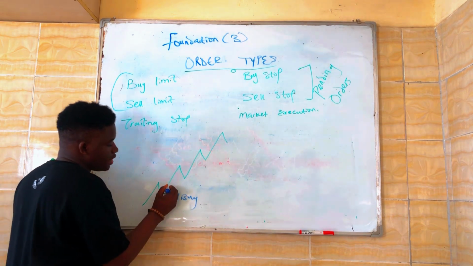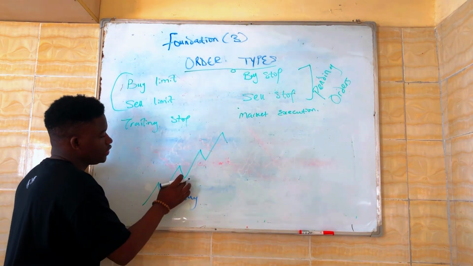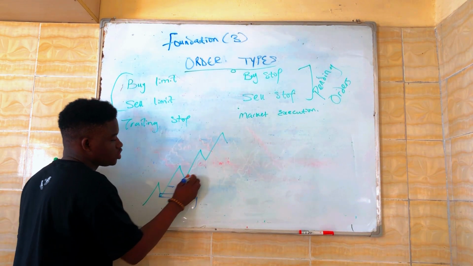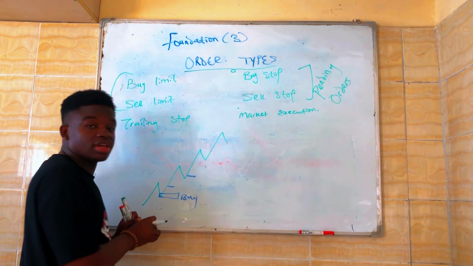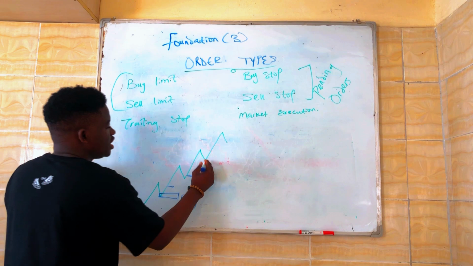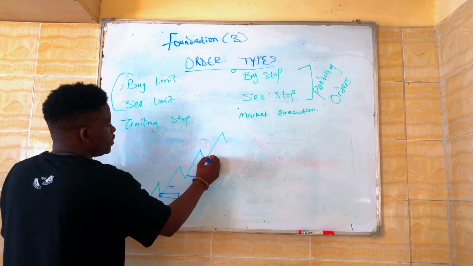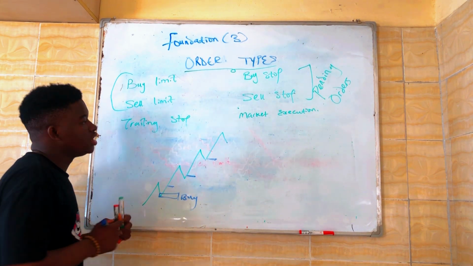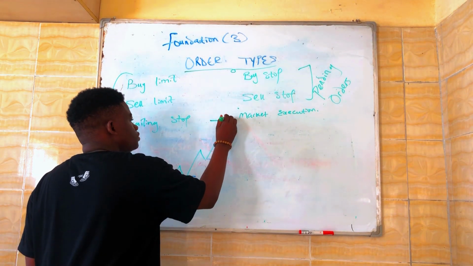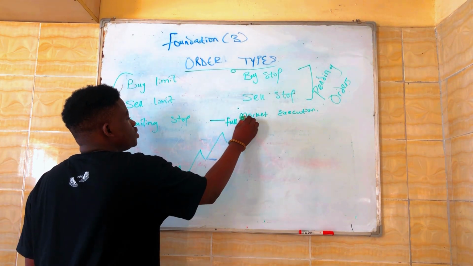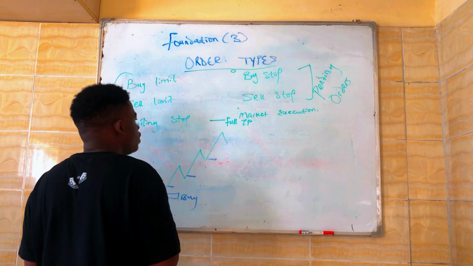So if the price is going up, my trading stop will be here. If it's going up here, my trading stop will advance to. So you set the amount of pips you want it to be following, protecting your profits on. If it gets here, let's say your trading stop will be here, right? So in case it doesn't get to your full TP, let's say your full TP is up here, but then price somehow doesn't touch it.